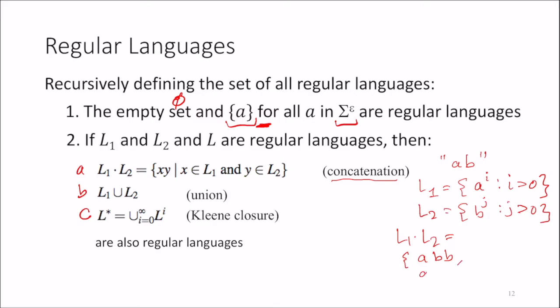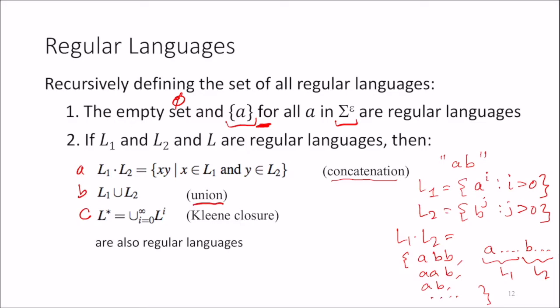Or I could take 2 A's, concatenated to 1 B. I can take 1 A and 1 B. I can take any combination. And so you can see that all I'm doing is making sure that this set of strings here is all the A's from L1 and then all the B's from L2. And I'm concatenating them together to get this new regular language, which is L1.L2, the concatenation of the two.